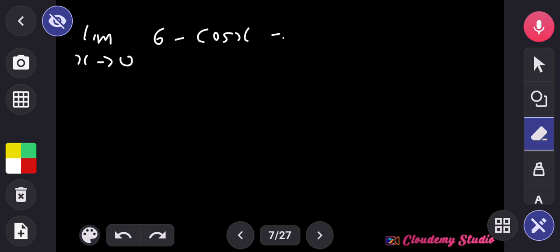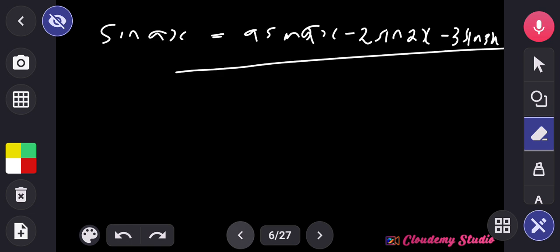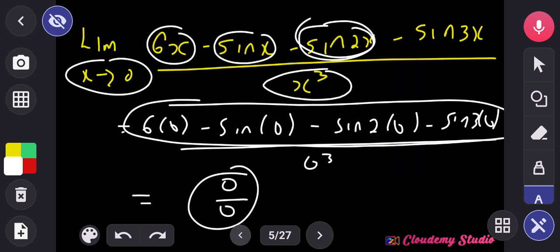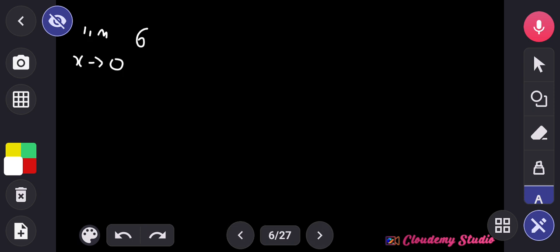So we have something like this. So let us differentiate again. It's confusing. Okay, we said limit of x tends to 0. 6x becomes 6, right? Sine x becomes cos x.